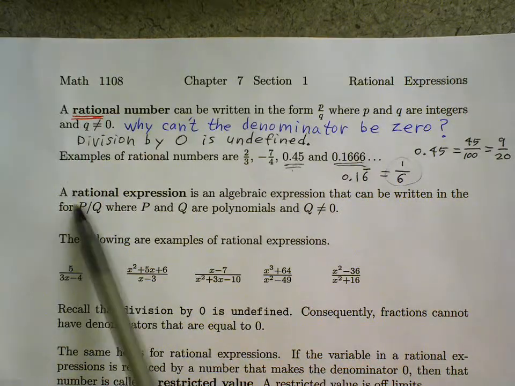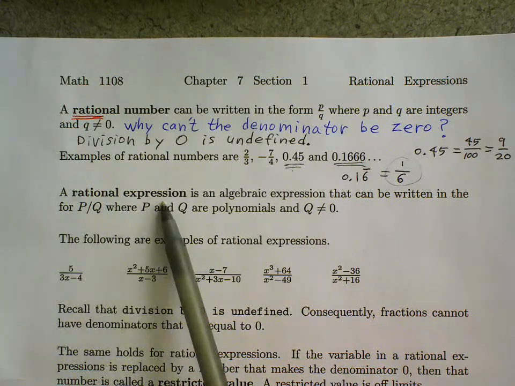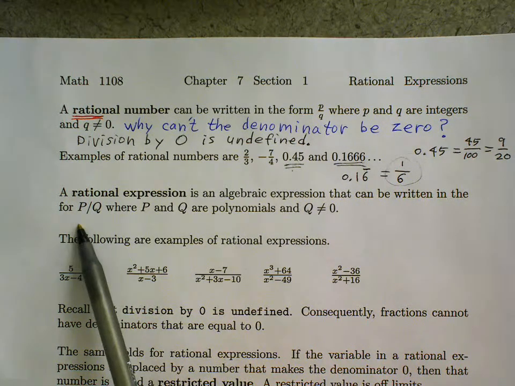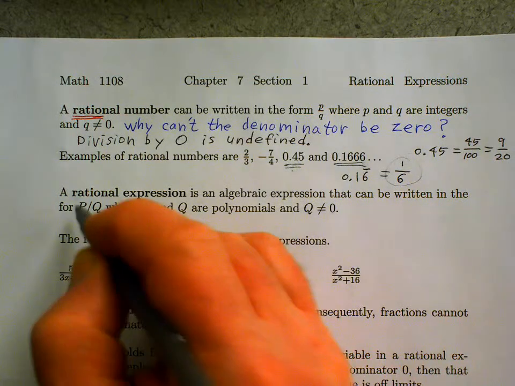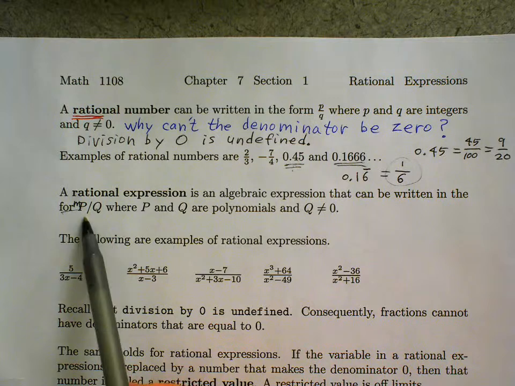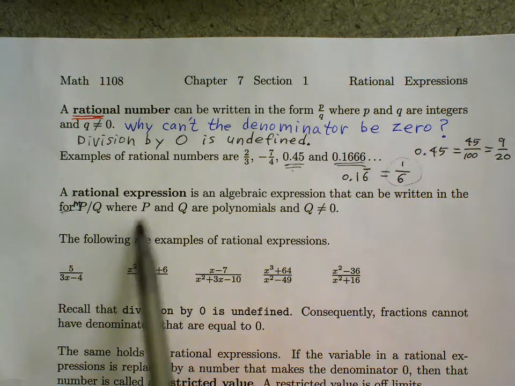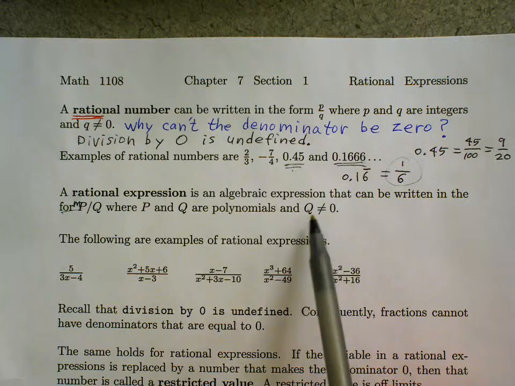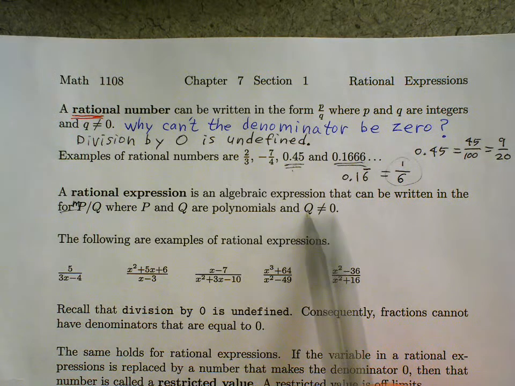Okay, the next definition. A rational expression is an algebraic expression that can be written in the form p divided by q, where p and q are polynomials, and the polynomial in the denominator can never be 0.